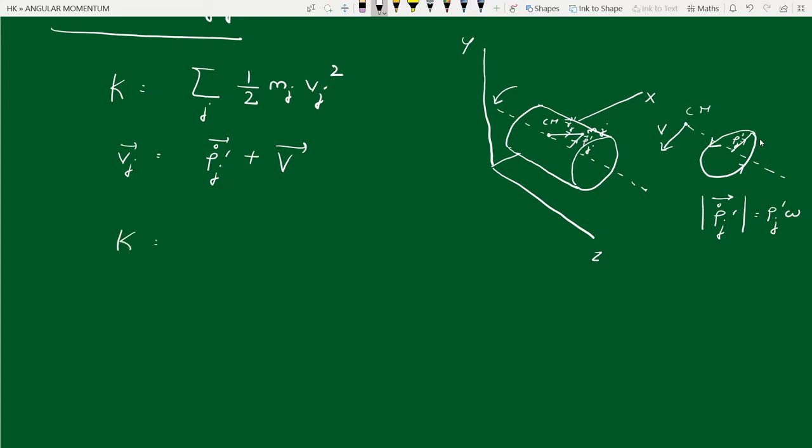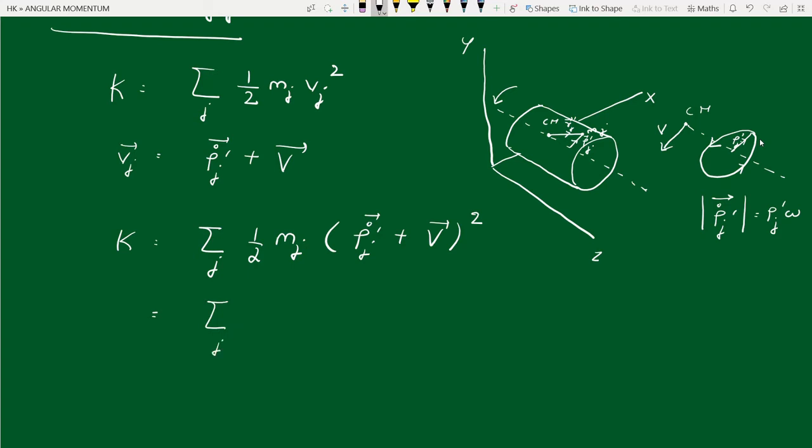So we can substitute that value here. So K is equal to summation over j, half mj (rho j prime dot plus capital V) squared. Square of a vector means dot product of the vector with itself. Then there are three terms here.